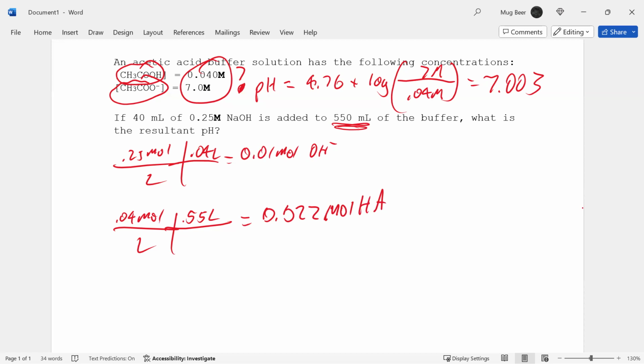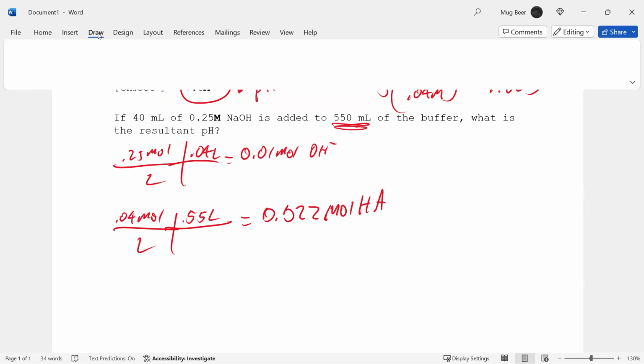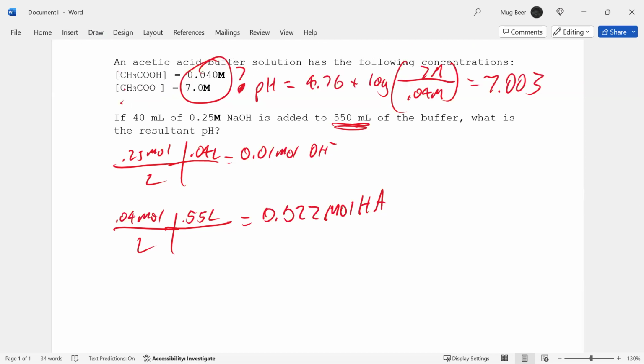What is HA shorthand for? HA is short for weak acid.